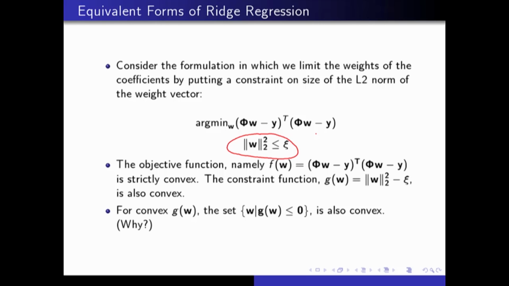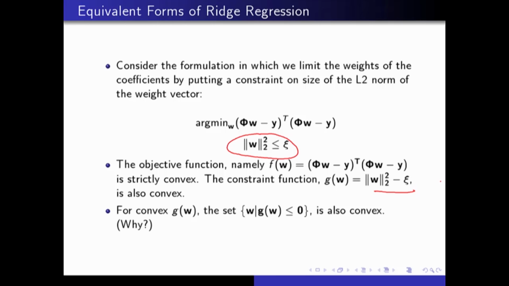So let's try and see how they have some correspondence. So you find that the constraint function g of W, which is norm W square minus xi less than equal to 0, this constraint is also convex. The set is convex thereafter.